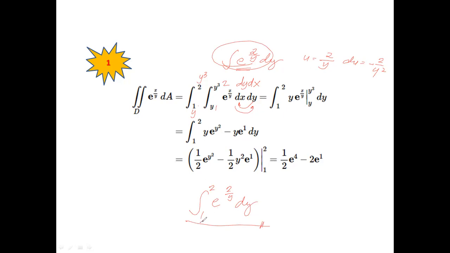Why? Because the limits that you have here are real numbers. Should the limits that you have here be variables or a combination of variables and numbers, then this non-elementary integral can't be evaluated.